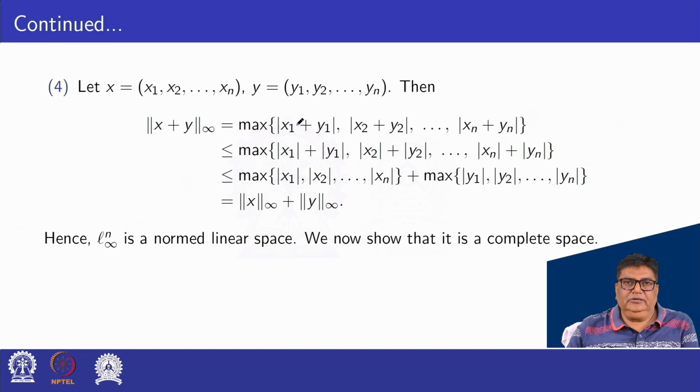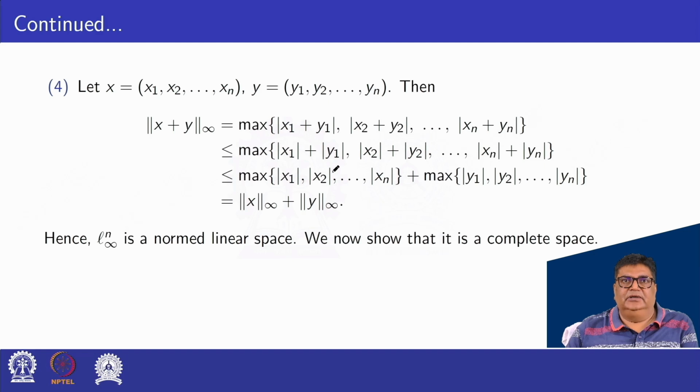We know that |x + y| is less or equal to |x| + |y|. So each term |x1 + y1| is less or equal to |x1| + |y1|, and |x2 + y2| is less or equal to |x2| + |y2| and so on. Last term |xn + yn| is less or equal to |xn| + |yn|.